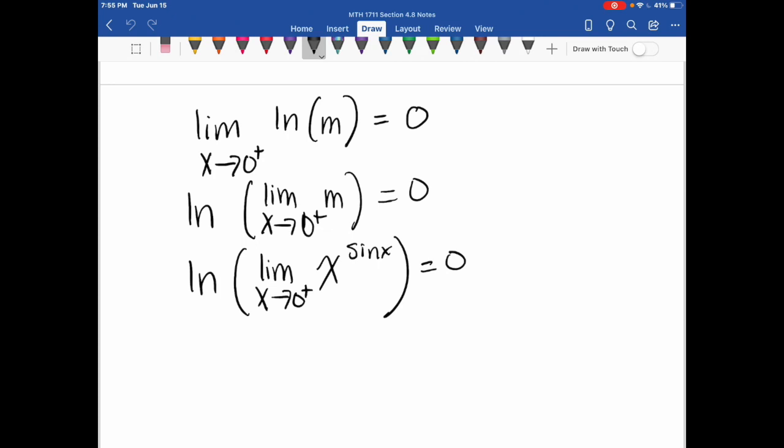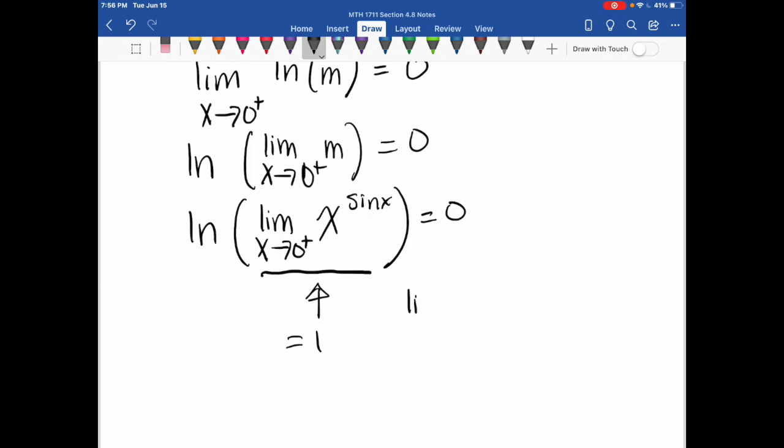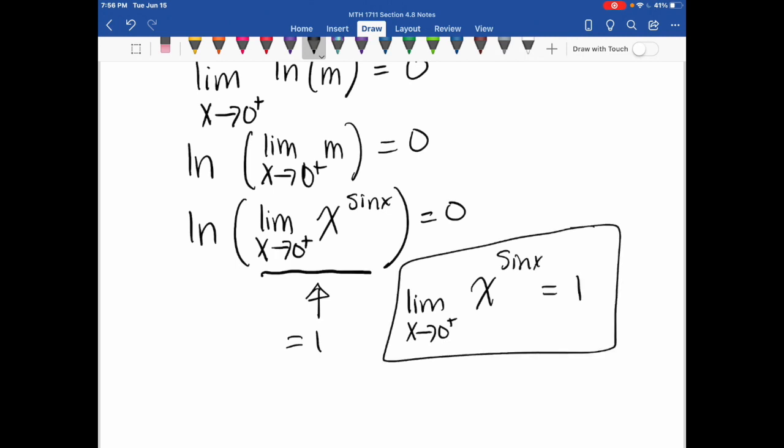Our substitution for m was x to the power of sine x. When we substitute that back in, if the natural log of this limit is 0, then whatever is inside here has to be equal to 1. That was the limit we were trying to find. The limit as x approaches 0 from the right of x to the sine x is equal to 1. Very long, very painful, but it works.